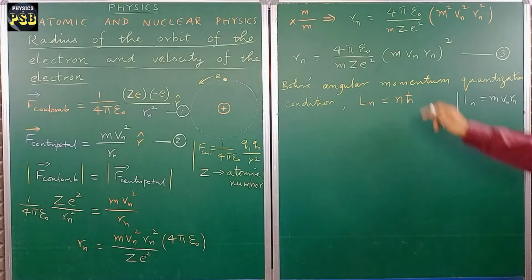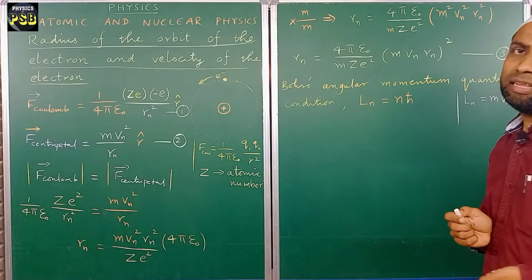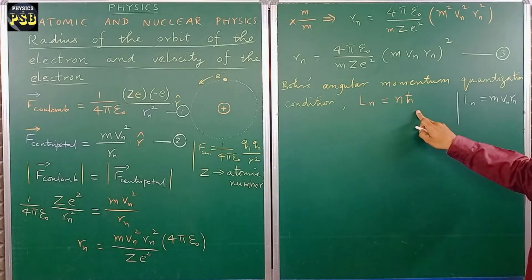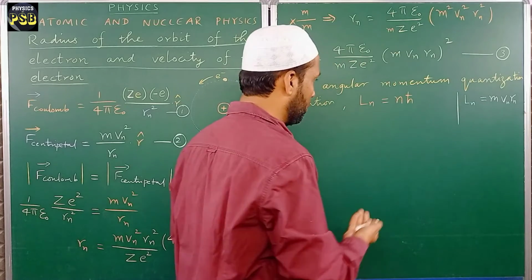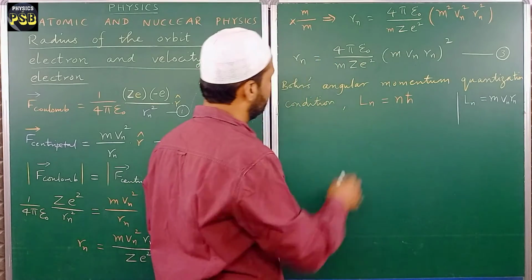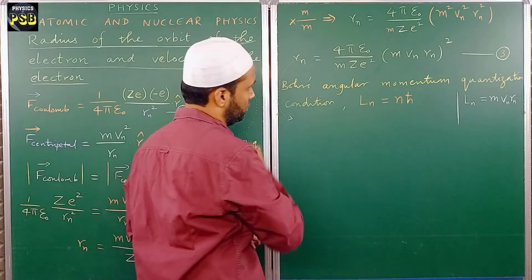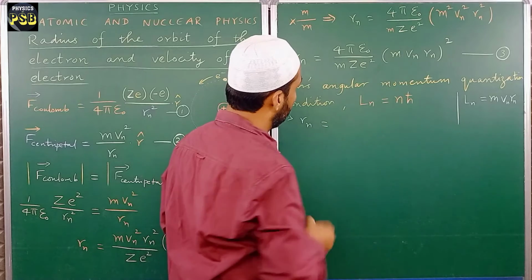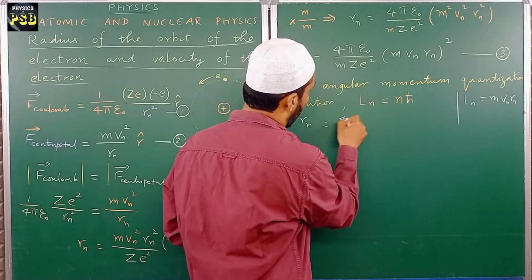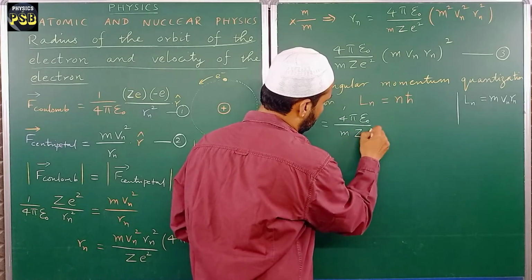So here I have this. In the place of this one, I am going to write n h bar or n h cross, whatever you can call it. So this equation becomes Rn equals to 4 pi epsilon naught upon m Ze square.